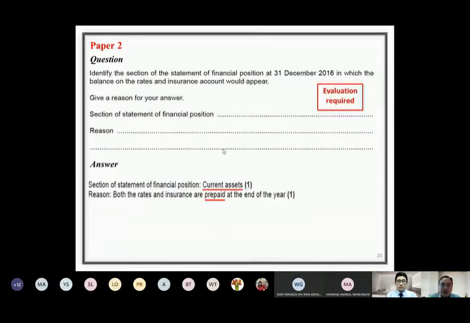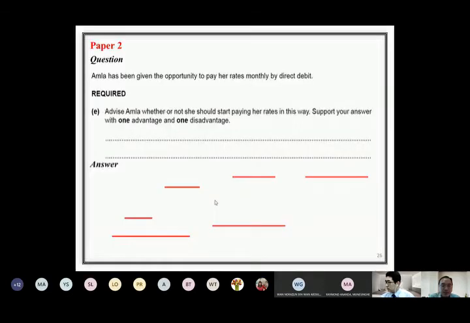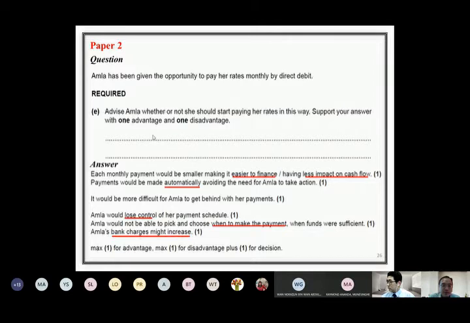So for this question, they also have an evaluation part where you need to evaluate and give a reason. Okay, why is it a current asset? Because both of them are prepayments. And for evaluation, they also have questions. So I ask you to do an evaluation. What are the advantages when you make payment by direct debit?